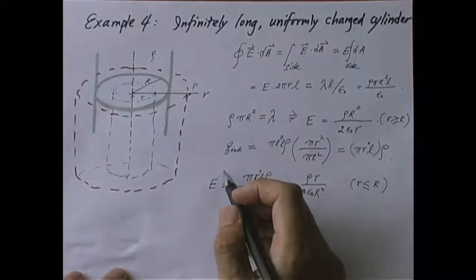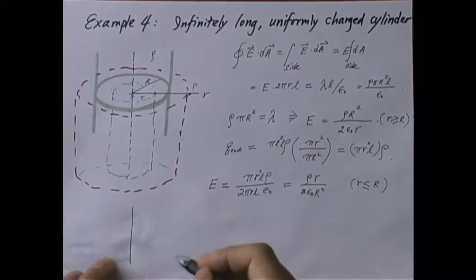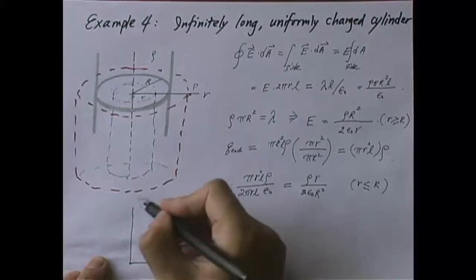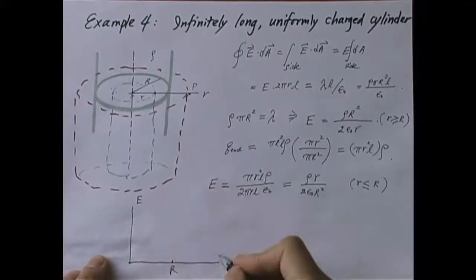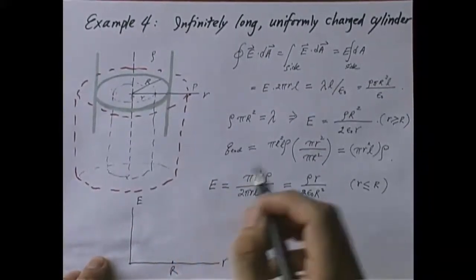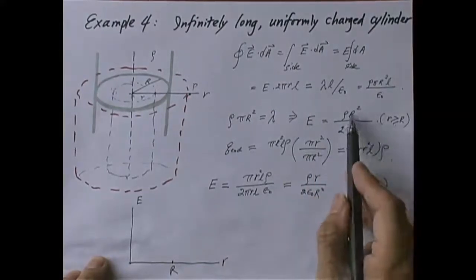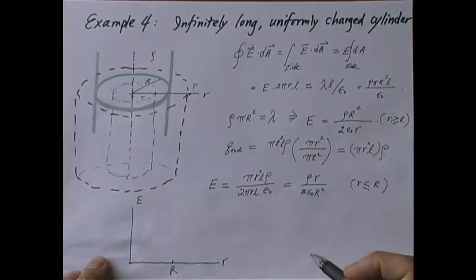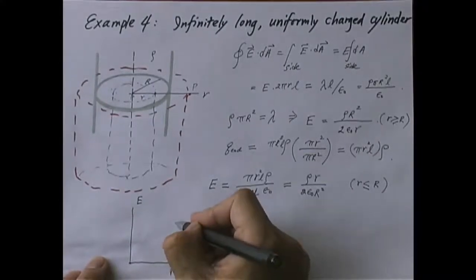So if you were to plot the electric field for a uniformly charged cylinder, here's the radius of the cylinder, here's the electric field, and here is the radius r. Outside the cylinder, it goes like 1 over r, just like the case of an infinite long line. In fact, you cannot tell if this is just a thin line or if it's a finite size cylinder. If you're outside the cylinder, you will get the same exact electric field.